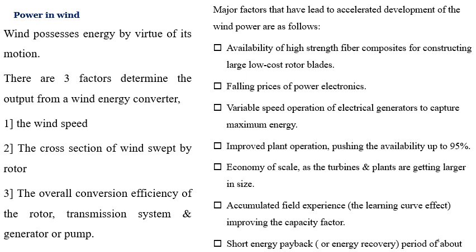So a 100% efficient aero generator would only be able to convert a maximum of around 60% of the available wind energy into mechanical energy.